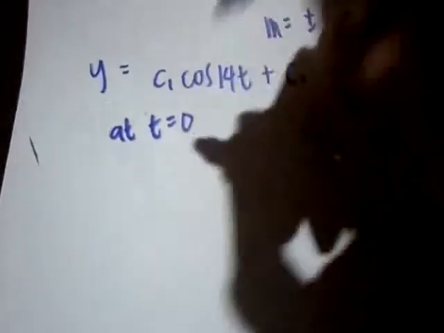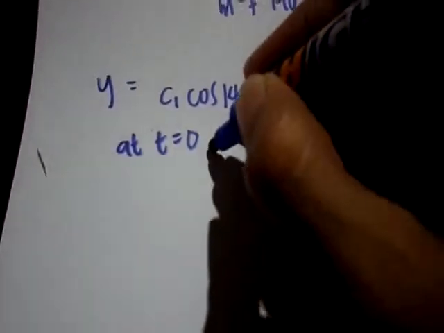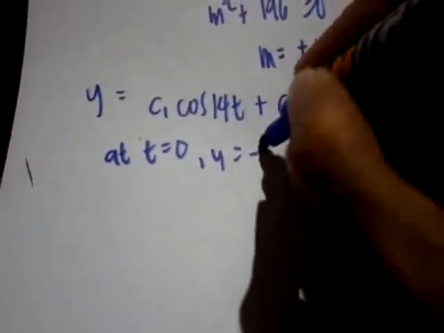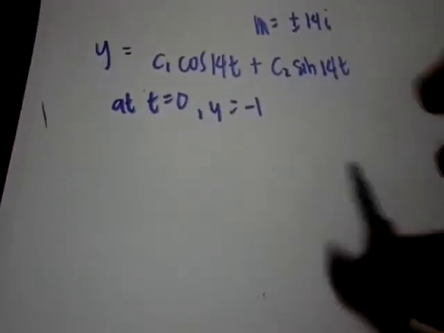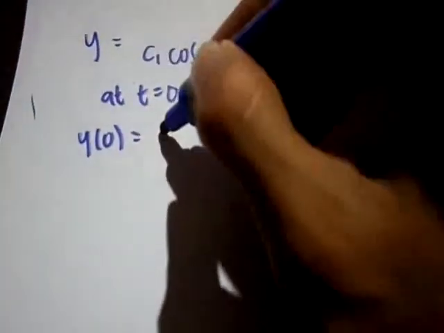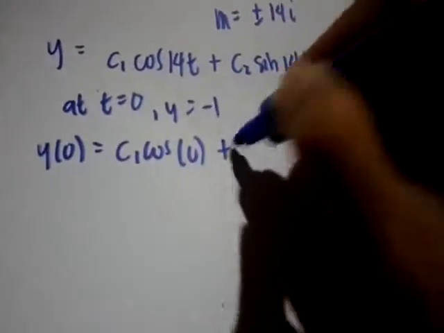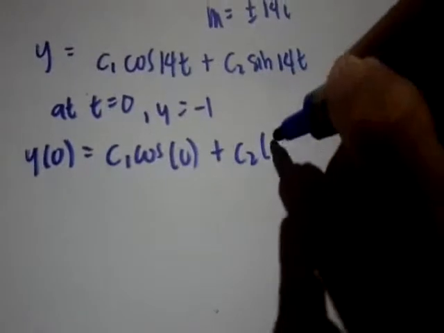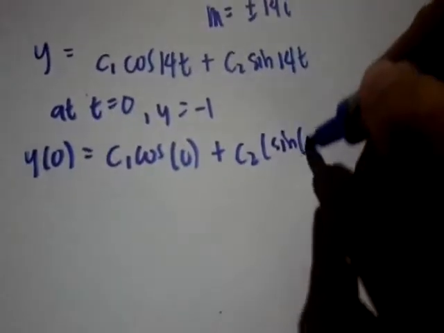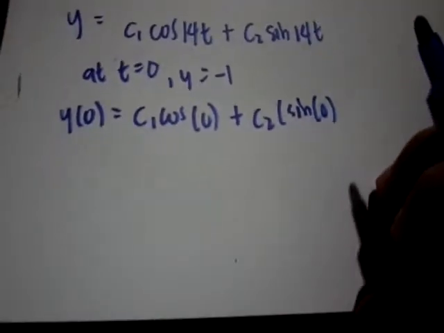At time t equal to 0, y is equal to -1. So y of 0, so c1 cosine 0 plus c2 sine 0 is equal to -1.